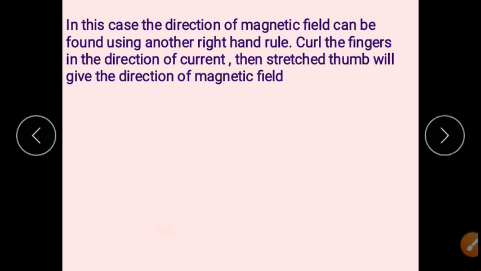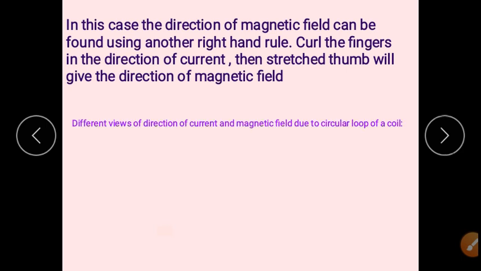That is the direction of magnetic field due to a straight current carrying conductor. A reverse case we can use in the case of a current carrying coil. That is, curl the fingers of right hand in the direction of current. Then the stretched thumb will give you the direction of magnetic field.